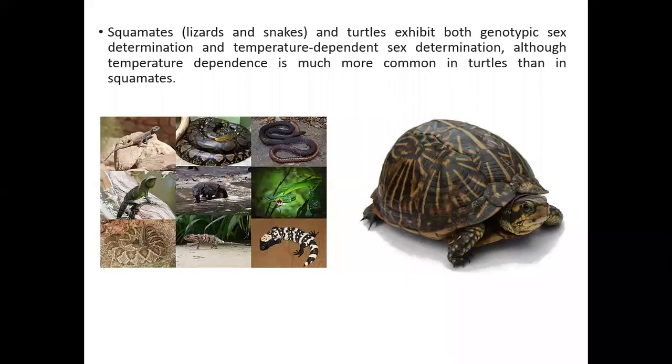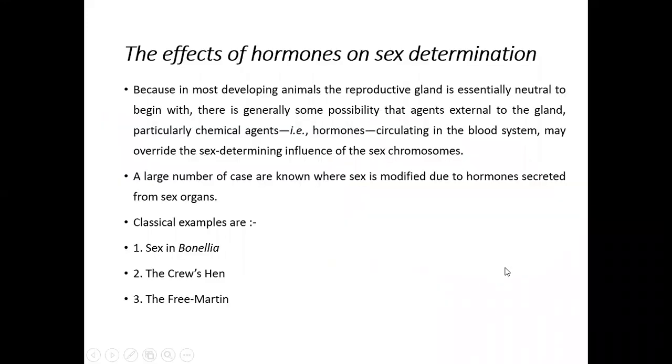Under these circumstances, this pattern will ensure a reasonable proportion of females in all environments. So these are some of the environmental changes responsible for changes of sex. And then coming to the hormonal controls.